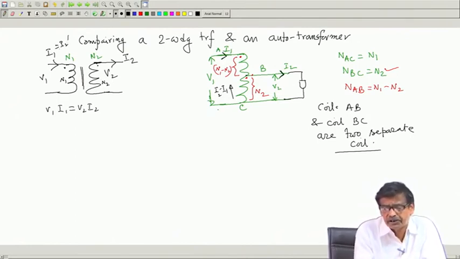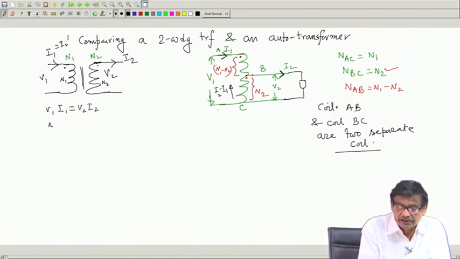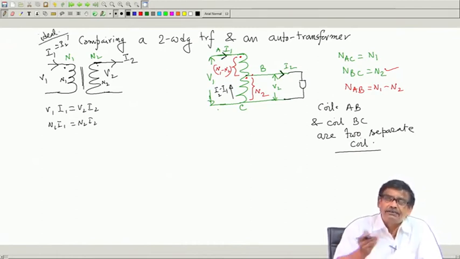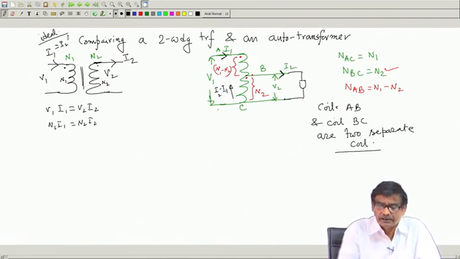Whenever you show current coming out from the dot, then only the transformer primary will draw current from the source through the dot terminal such that N2 I2 is equal to N1 I1. Ideal transformer. No load current you neglect, that is only 2 to 5%, forget about that, and this must prevail.